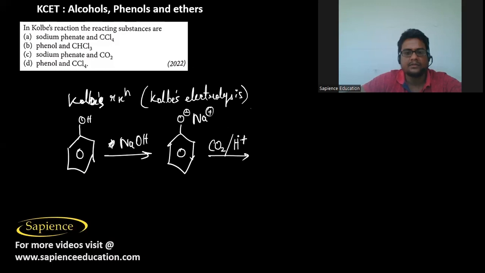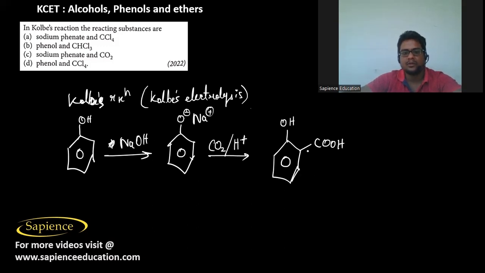So the H plus ion will link with this phenoxide to form the OH group here, and there will be a carboxylic acid which will be attached in the ortho position. So in the ortho position, one carboxylic acid group will be attached.